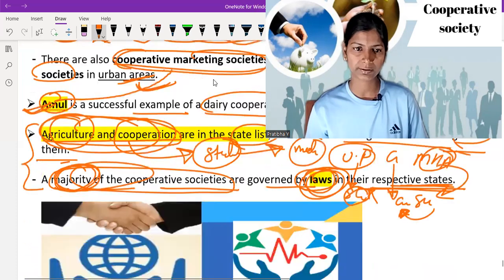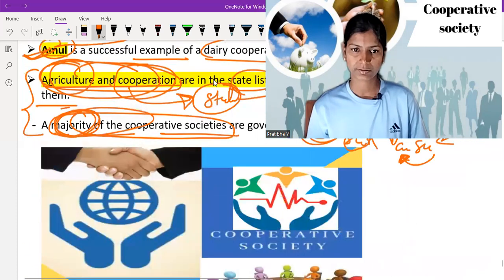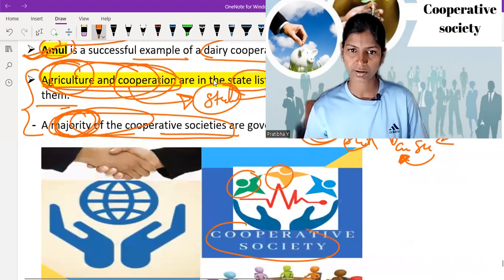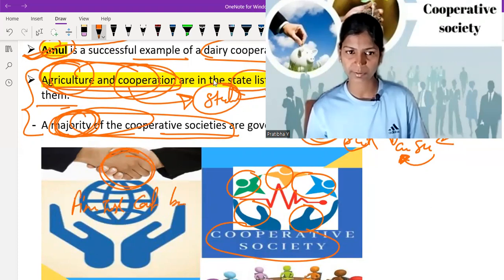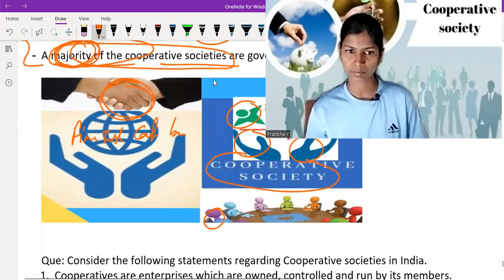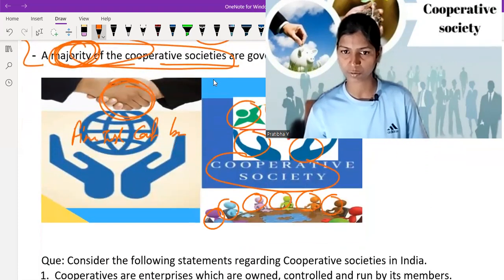In this picture you can clearly see people come together towards a common goal. Here also people come together. Here a financial institution is helping cooperatives boost their businesses. And here a meeting takes place between the members of a cooperative on a particular issue.